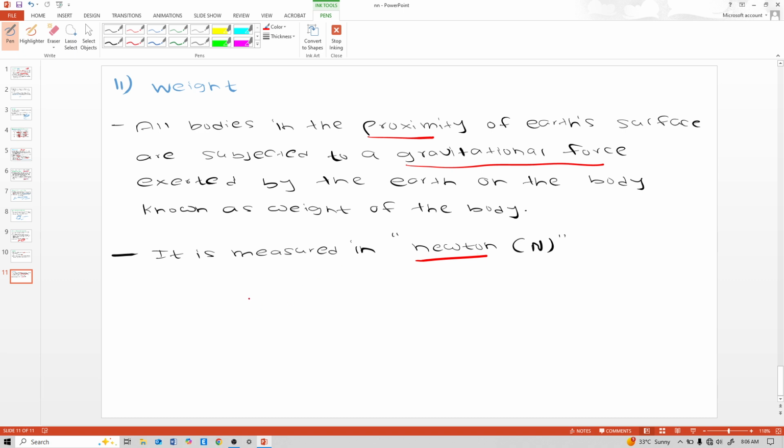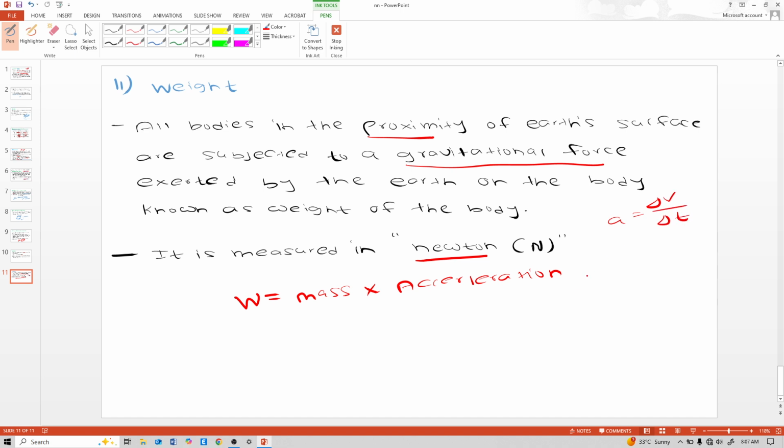The formula for weight is equal to mass into acceleration due to gravity. We saw mass and acceleration due to gravity also. Acceleration is nothing but the rate of change of velocity divided by the rate of change of time.